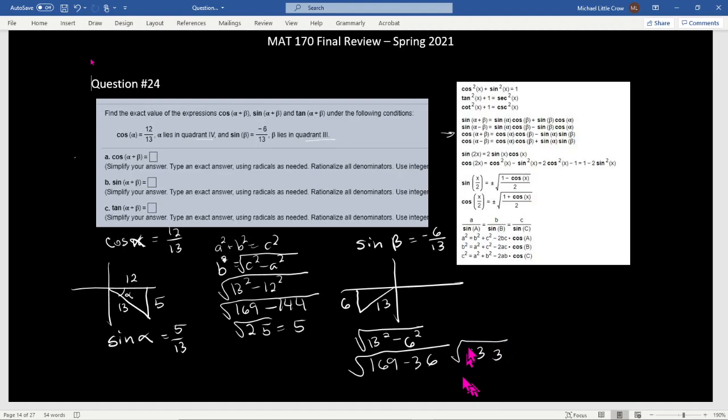which is not, well, that's what it is. You can't reduce this any, I don't think. 3 doesn't go into it. I guess that's what we end up with. That's kind of strange, but it is what it is. Simplify your answer. Type an exact answer using radicals. Need to rationalize. So we're supposed to come up with that.